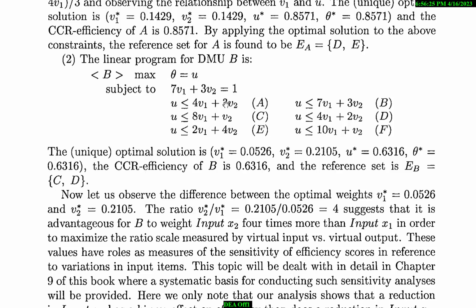We can solve this also with any solver. The unique optimal solution is obtained here.